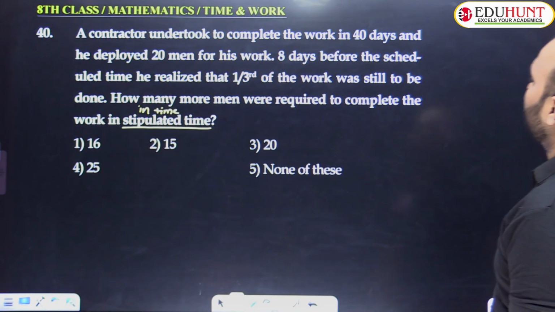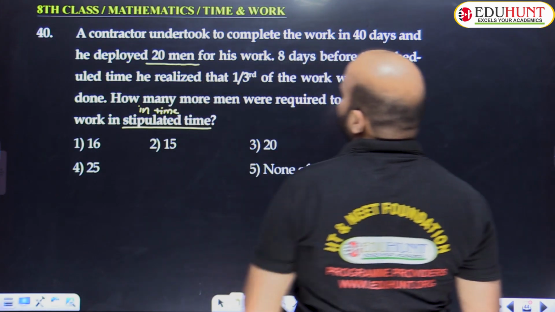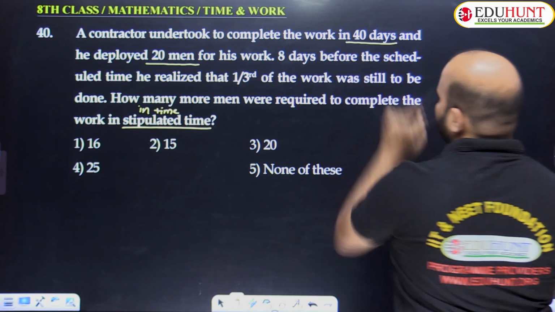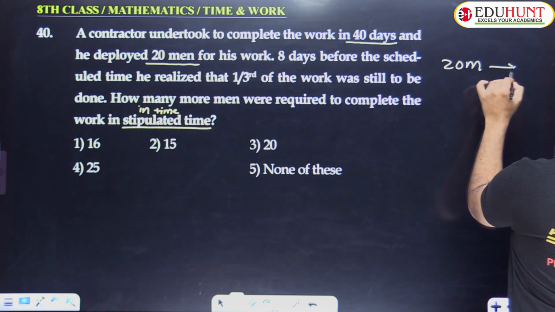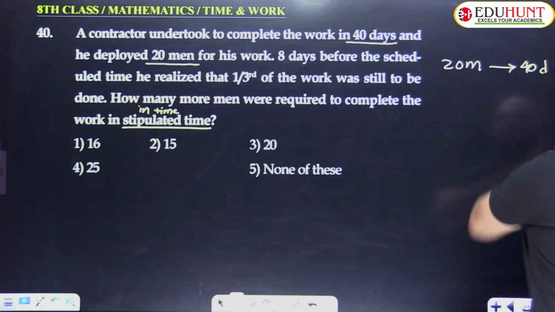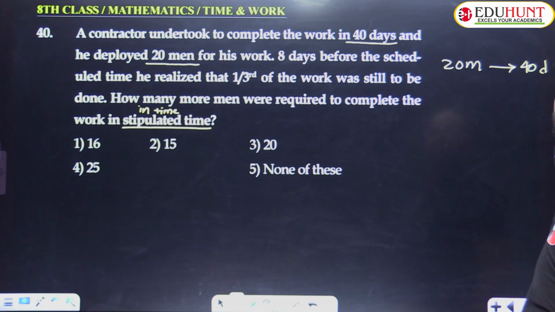Am I clear? So initially 20 men are given. Initially the strength is 20 men to complete the work in 40 days. So 20 men complete a piece of work in 40 days. So that is the contract. The contractor decided to use 20 men to complete a piece of work in 40 days.